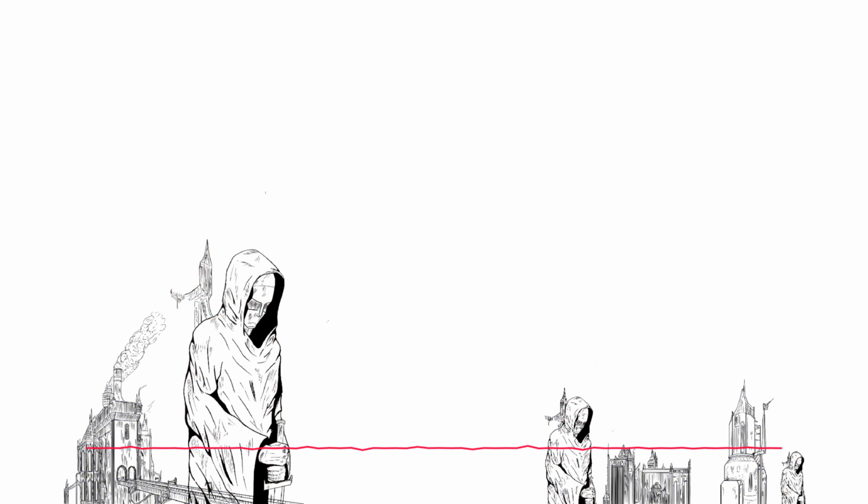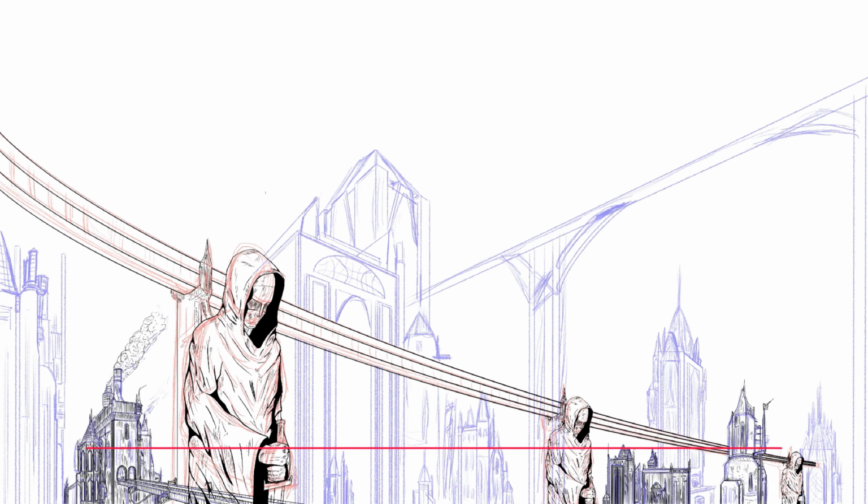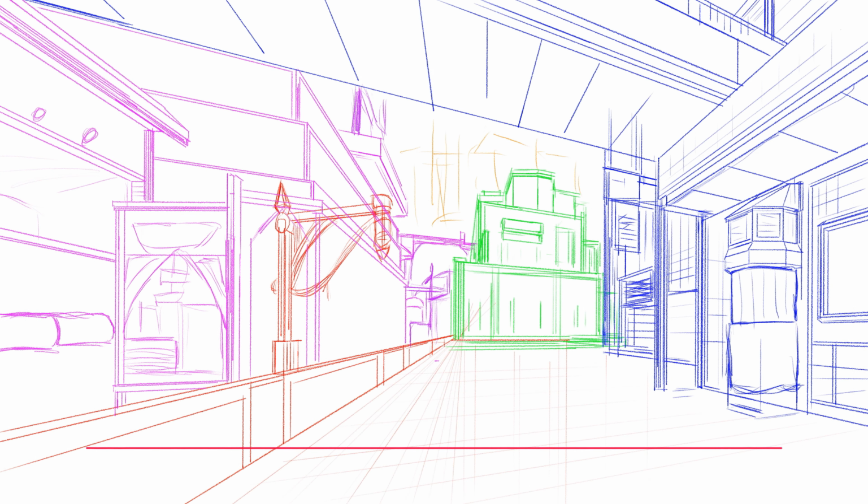But what if we go down to the street level? I'm working on some street level art for the hives. So one thing that becomes especially prevalent when you get down to the person level, like the level where you are walking down a street in a hive, you need to convey enormity.